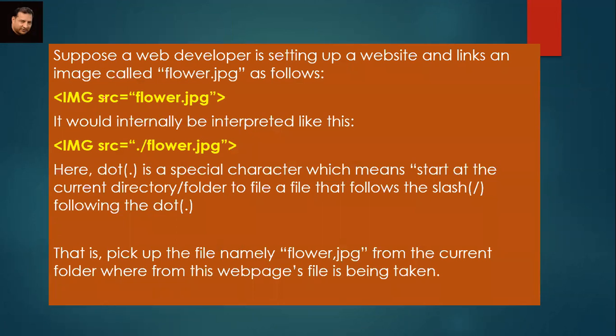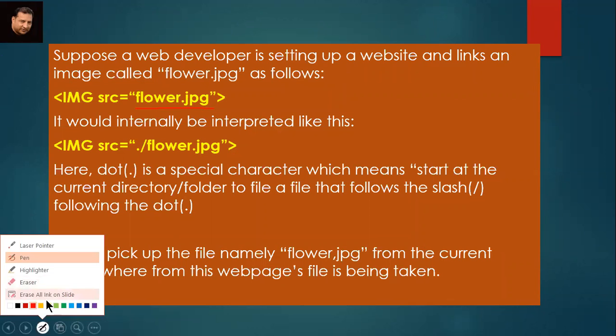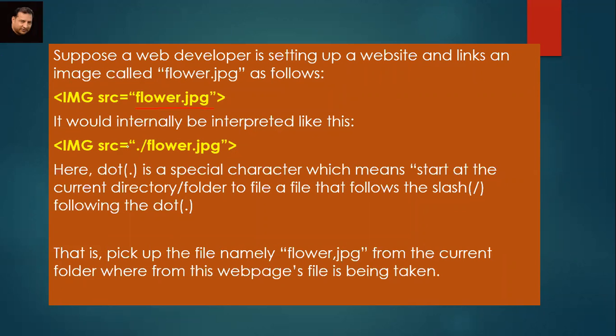See this example. Suppose a web developer is setting up a website and links an image called flower.jpg. उसको flower.jpg image web page पर show करनी है। तो if he writes like this, img src is equal to, within double quotes flower.jpg, सिर्फ इतना लिखा उसने, it means he is using flower.jpg in the current folder.